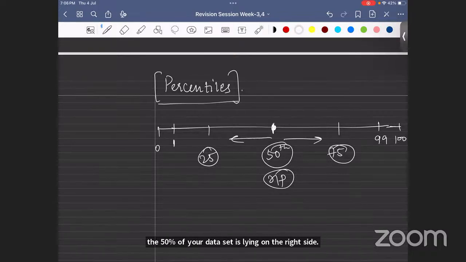You would have heard about somebody scoring 98 percentile. If somebody is scoring 90 or 98 or 99 percentile, this means that many percent will be lying on the left side.